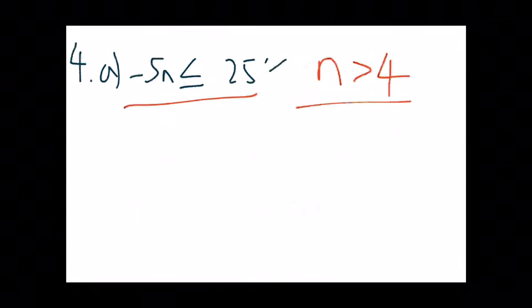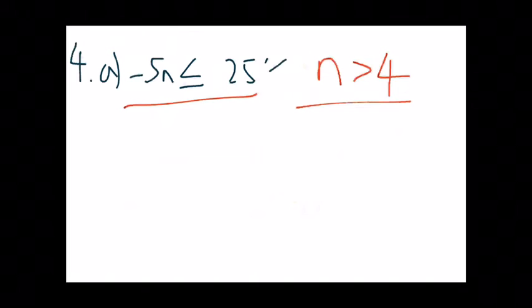Larger than changes into smaller than, smaller than changes into larger than, larger or equal to changes into smaller or equal to, and so on. Now, next, we can continue solving our inequality. So next, we can divide by 5 on both sides. So we get n is larger or equal to -5. And that is our answer.